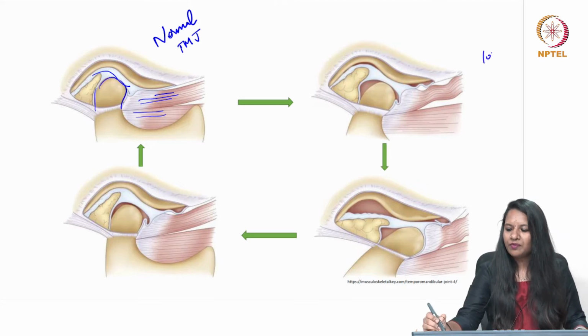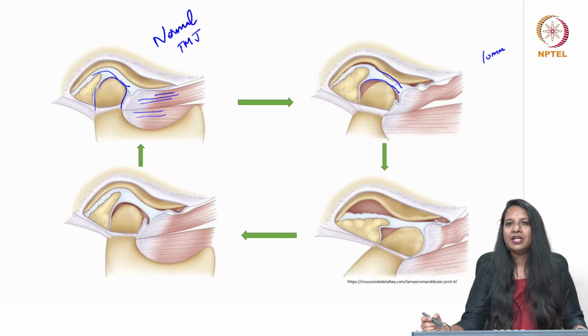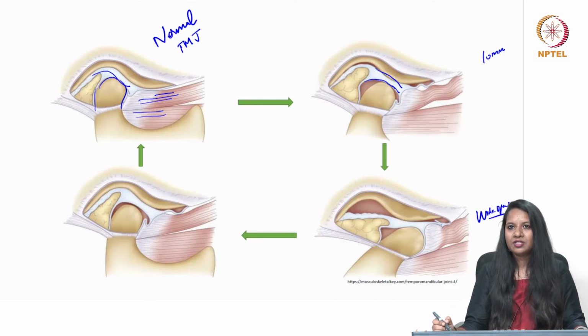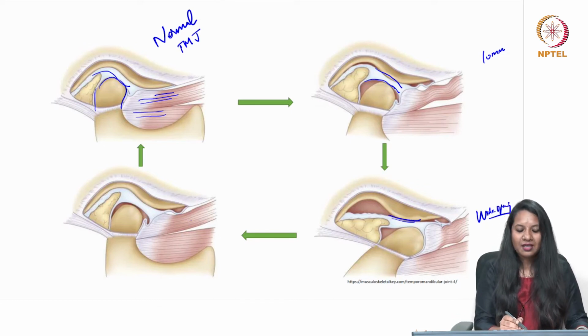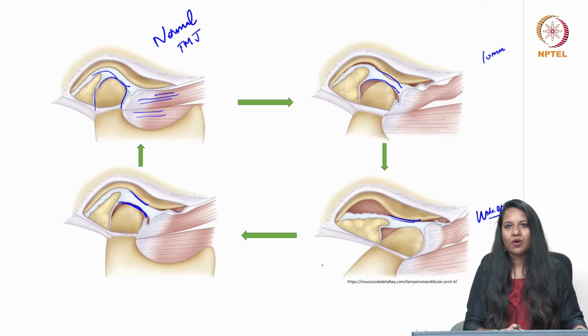At 10 mm of opening, when the mouth opens at around 10 mm, see the position of the condyle and the articular disc. The articular disc is rotated posteriorly with that of the condyle, and when there is wide opening, there occurs translation movement also, the translation of the articular disc over the temporal surface, and again when it is getting closed, the articular disc will be rotating anteriorly with that of the condyle to hold into the normal position.